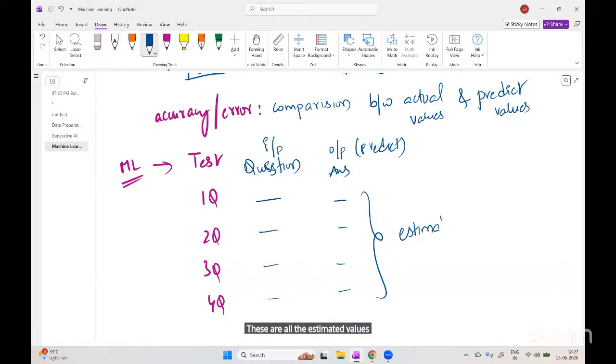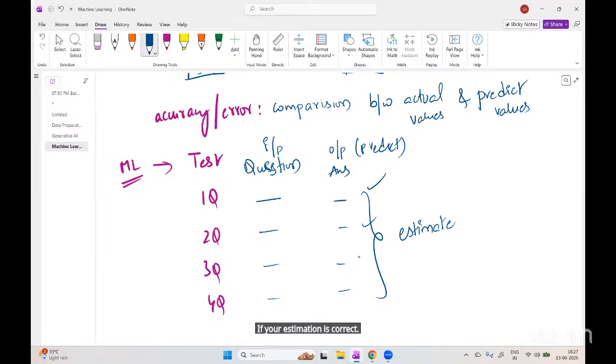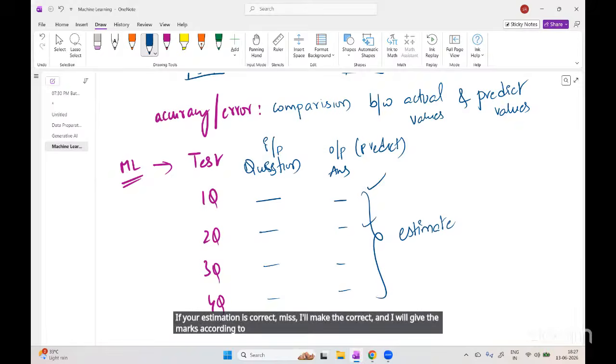Once you have been given the question paper and you write the answers, all are called as prediction, which you have predicted or estimated. If your estimation is correct, I will mark it correct and give the marks accordingly. For example, I have given 4 questions with the options A, B, C, D, like an MCQ.